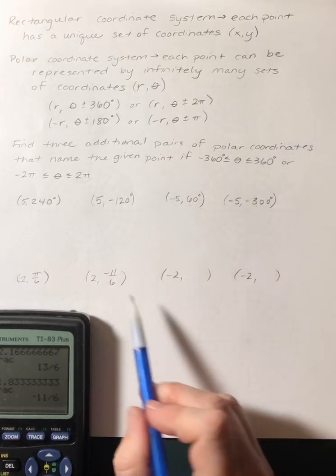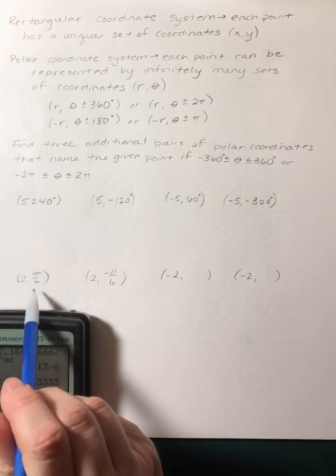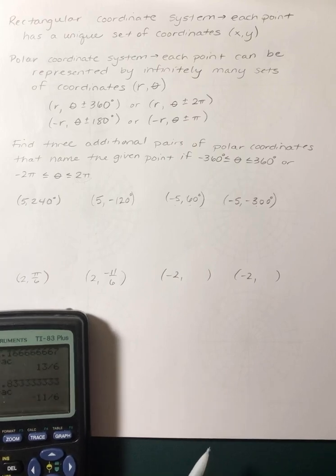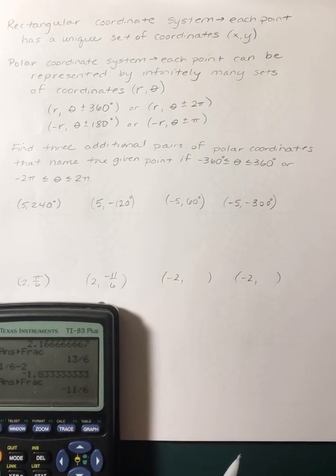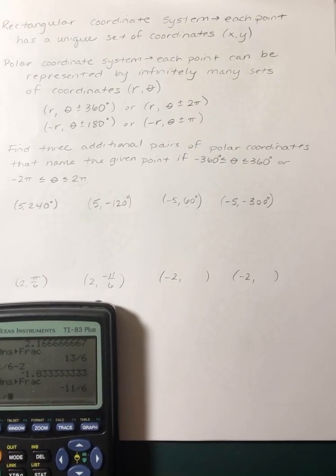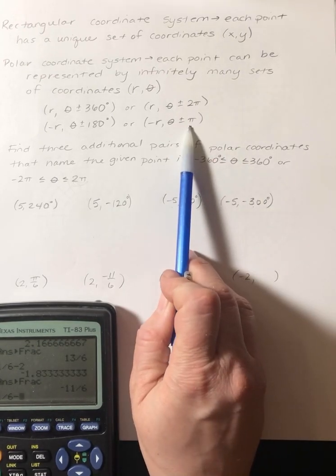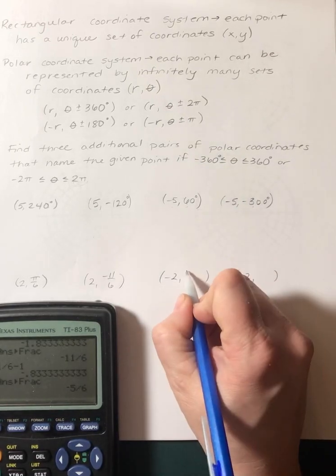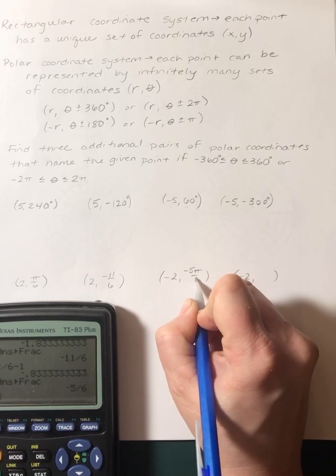Okay, so I'm going to start with this pi sixth, and again I'm just going to use 1/6. I'm going to subtract 1 pi, and so I get -5 pi sixths.